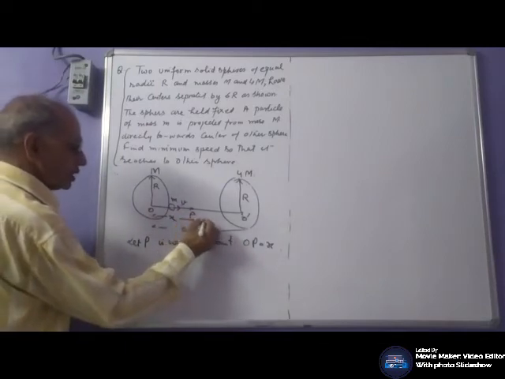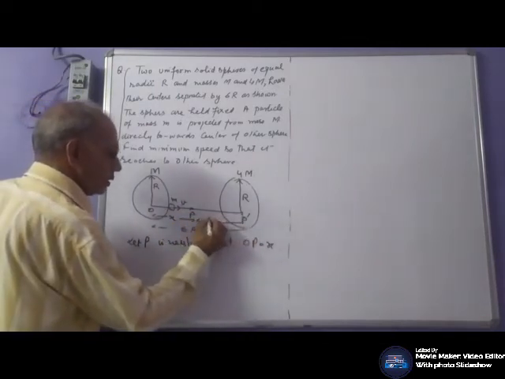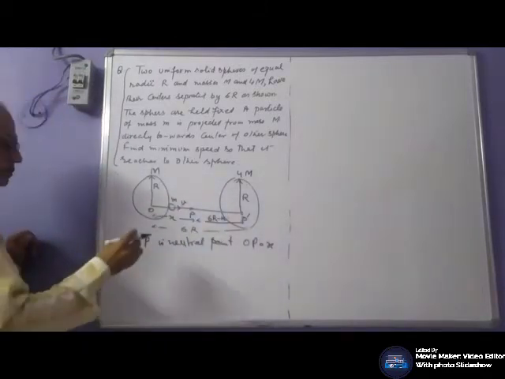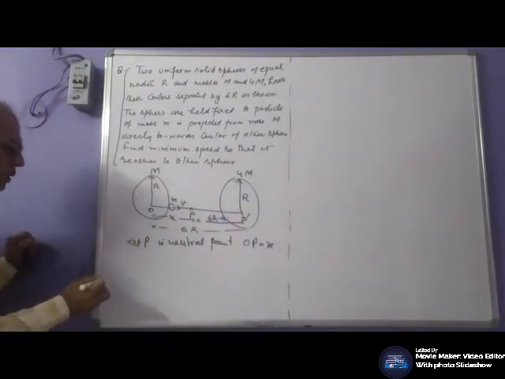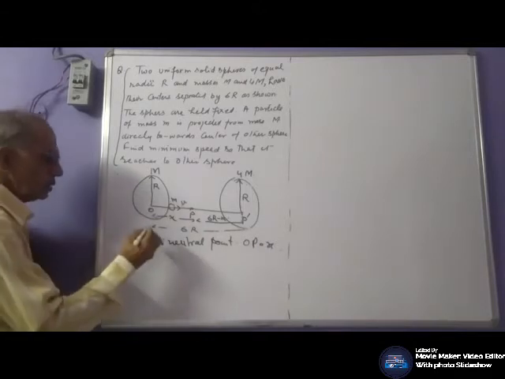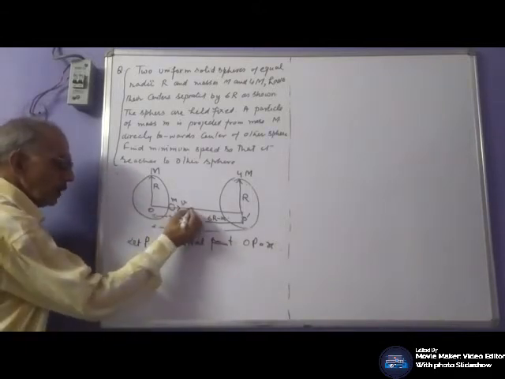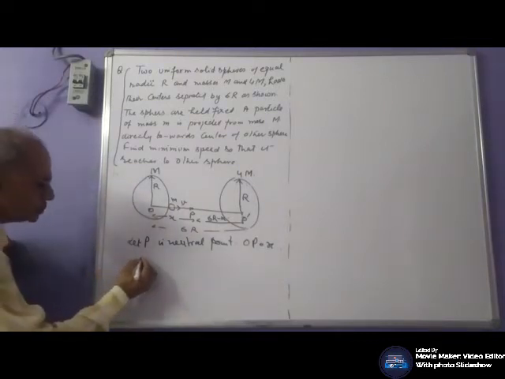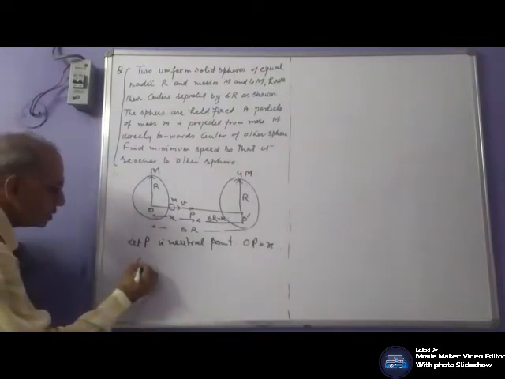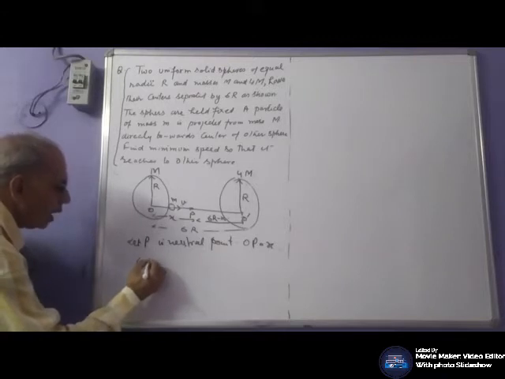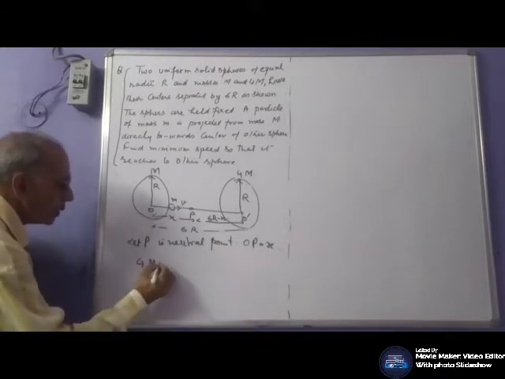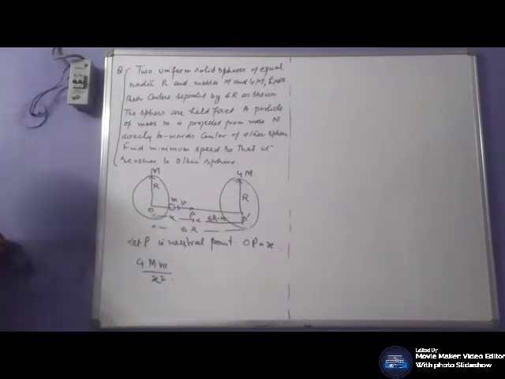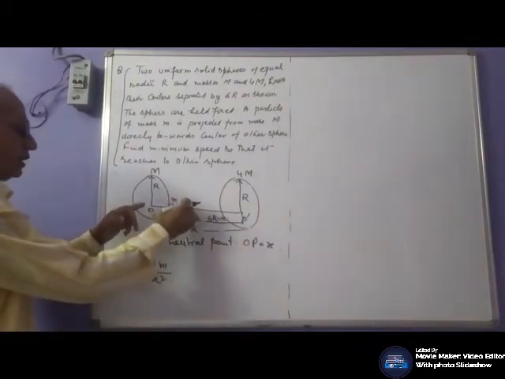So this distance is 6r minus x. If the particle is here, the force is G M m by x square.